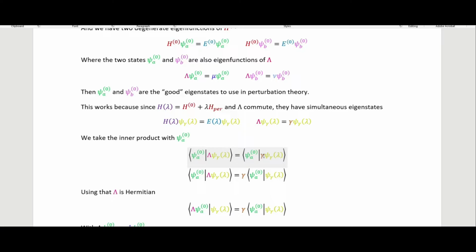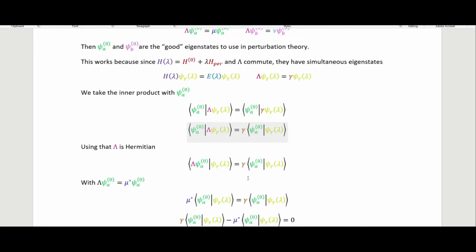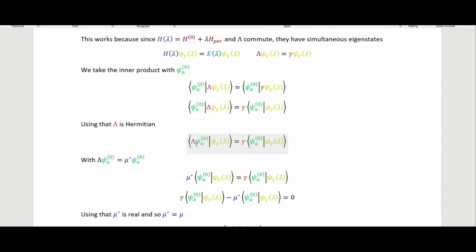We can pull this gamma outside because it's just a scalar, and this uppercase lambda is Hermitian, and so we can act it just on this bra vector here because it's Hermitian, then its transpose complex conjugate is equal to just the regular non-transpose complex conjugate version of the uppercase lambda.